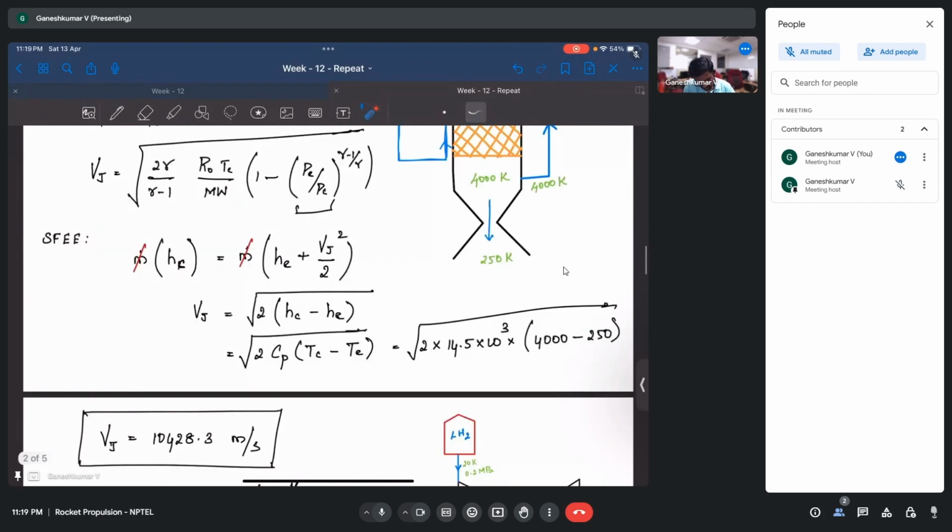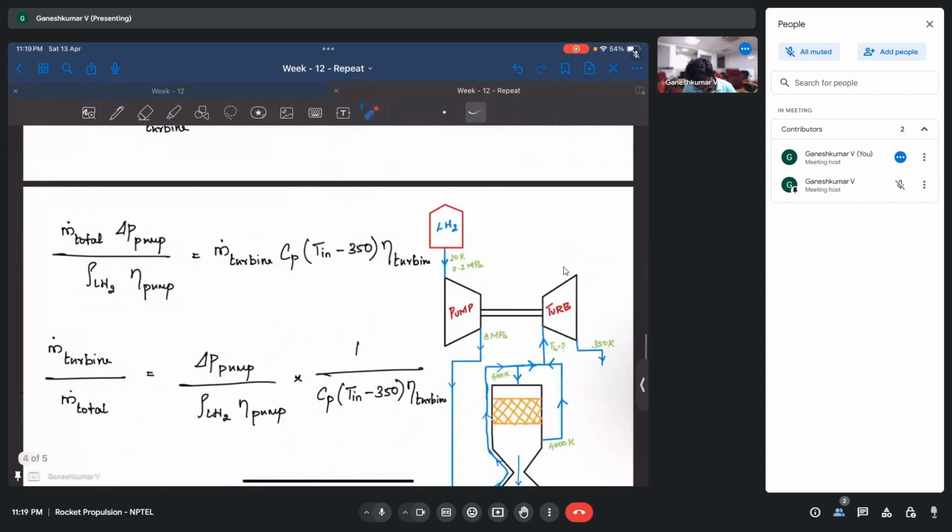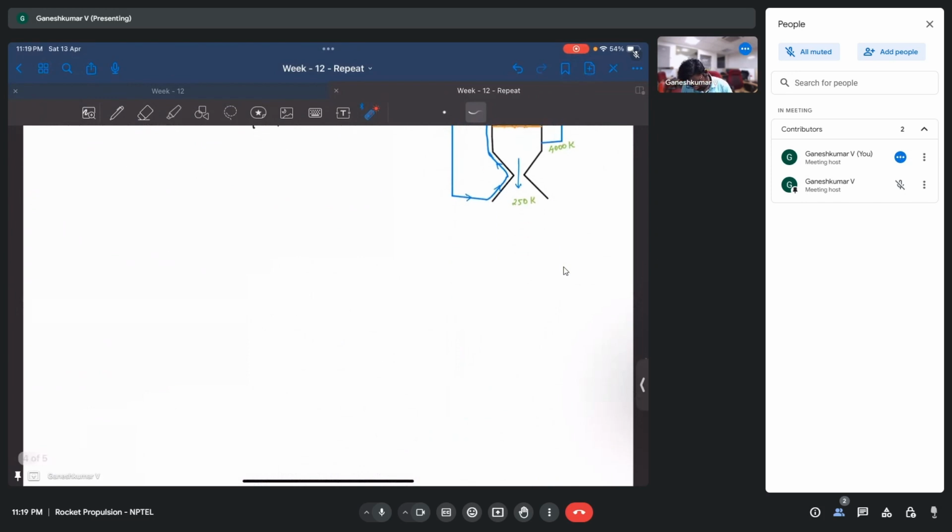That is the idea. So if I want to draw it separately, you have one stream of hydrogen coming from the coolant channels. Let's call this m dot coolant channel, m dot cc. And what is the temperature here? We have 400 Kelvin.